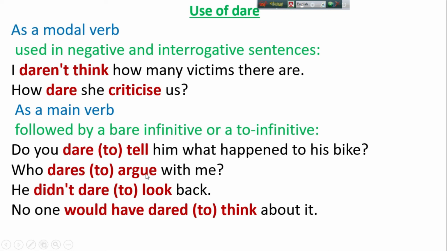Who dares to argue with me? Here dares is the main verb. He didn't dare to look back. Here dare is the main verb and didn't helps it to make it negative. No one would have dared to think about it. Here dared is also the main verb and would have is the auxiliary verb that helps it make the perfect tense.